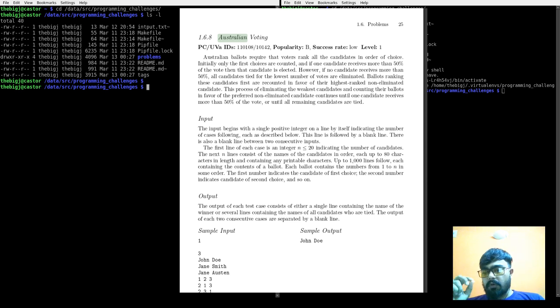The second number indicates the candidate of second choice. Okay, so they are votes and so on.